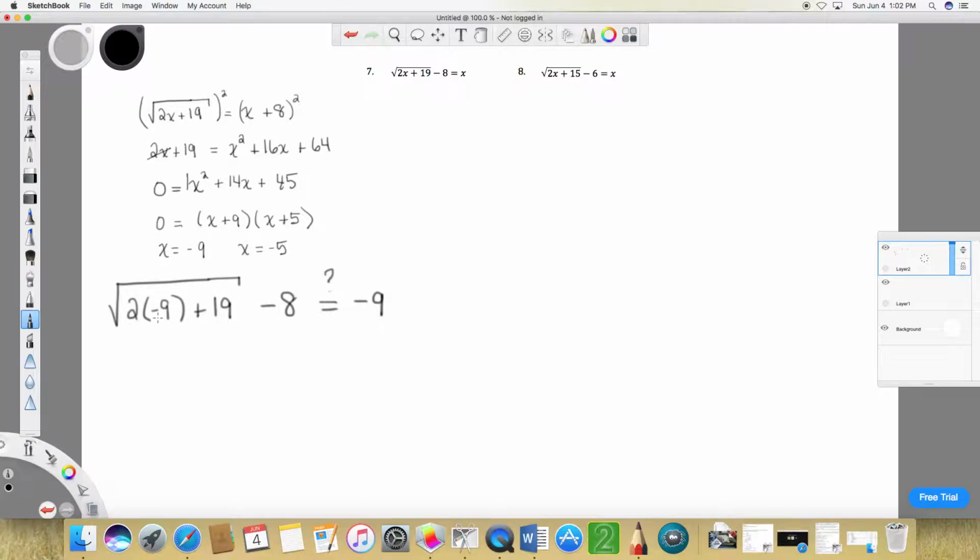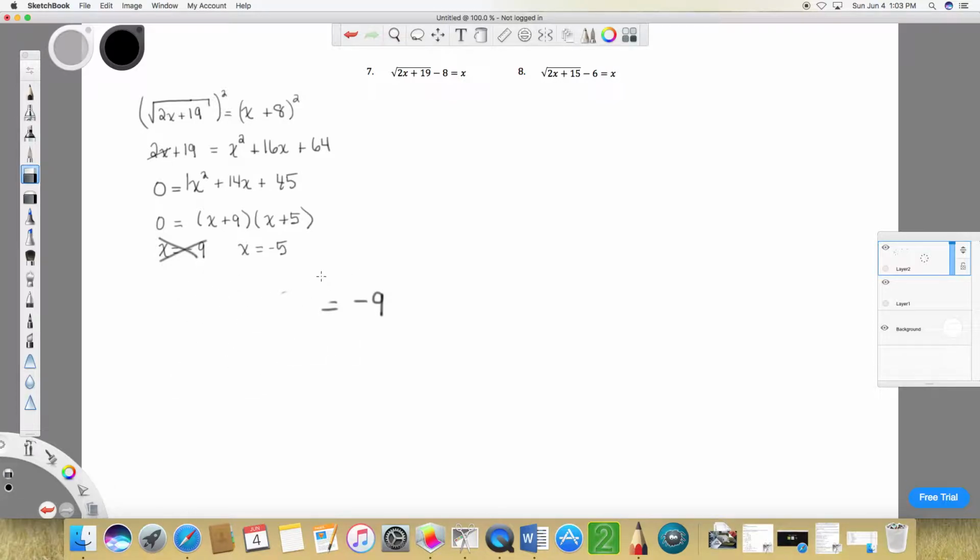So we've got 2 times -9, which is -18. But -18 plus 19 is 1, and the square root of 1 is 1. But 1 minus 8 is not equal to -9. So that's extraneous, and I'm going to throw that out of my solution set. It was a solution to that quadratic equation, but it's not a solution to the original equation.